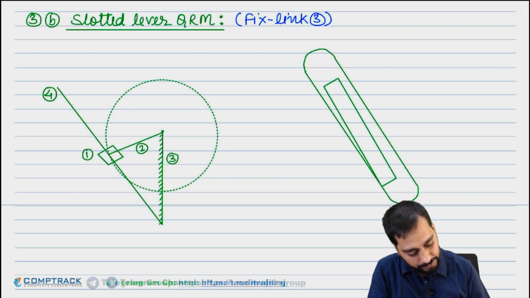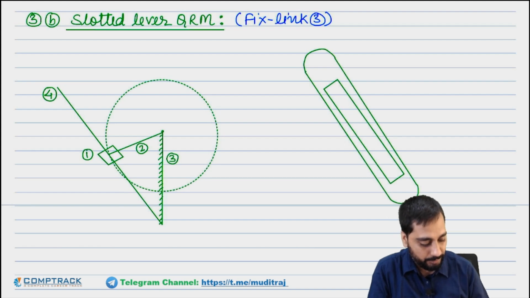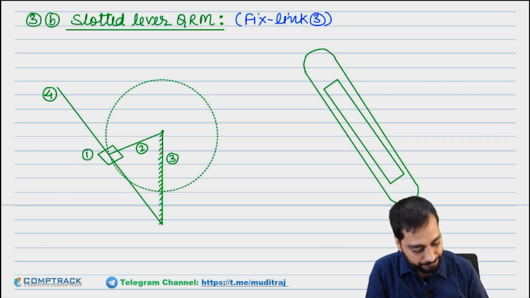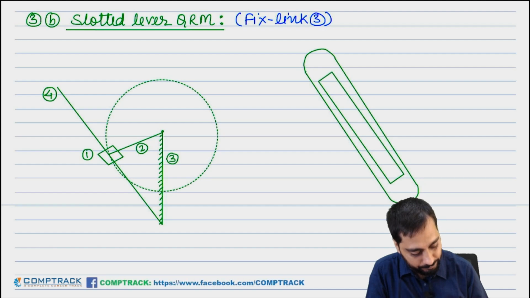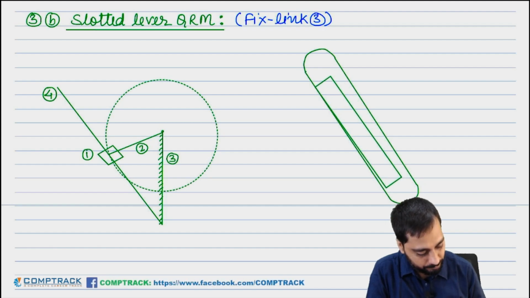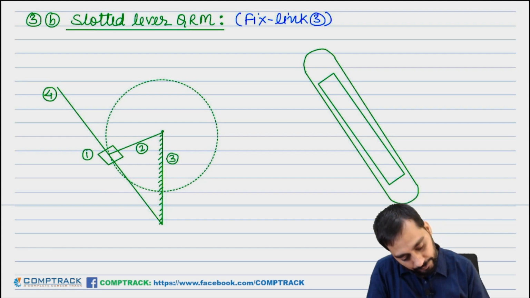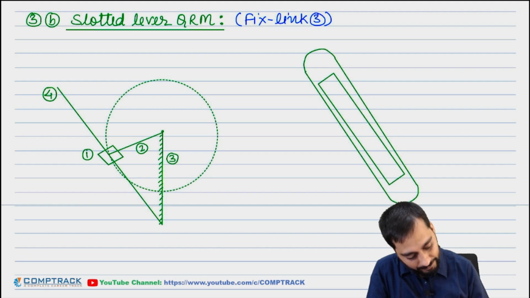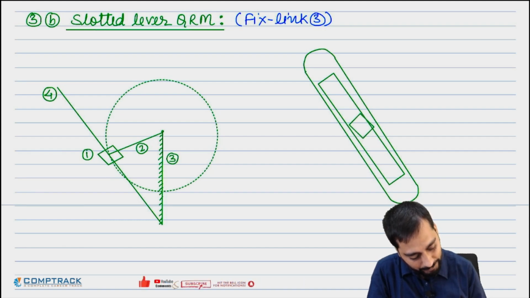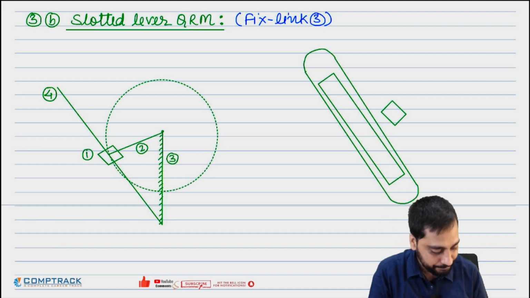A slot is cut in it like this. Okay, this is the lever. So when the slot is cut in it, inside that this piston or slider can be there. Now this slider will be here and it can slide inside this.